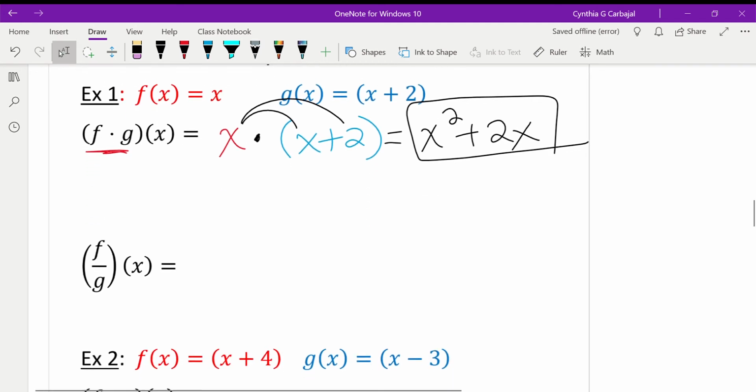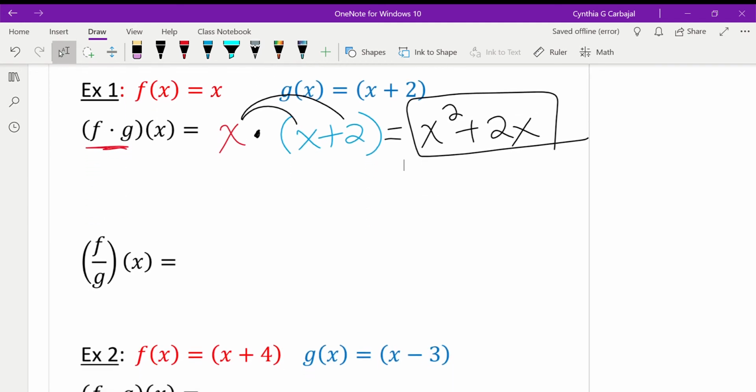Okay. Now let's do division. Division is a little bit different, but actually it's not more difficult. We are going to make a line for our fraction or our division here. We're going to put the f function on the top, and we're going to put the g function on the bottom, x plus 2, right? g on the bottom, f on the top, okay?